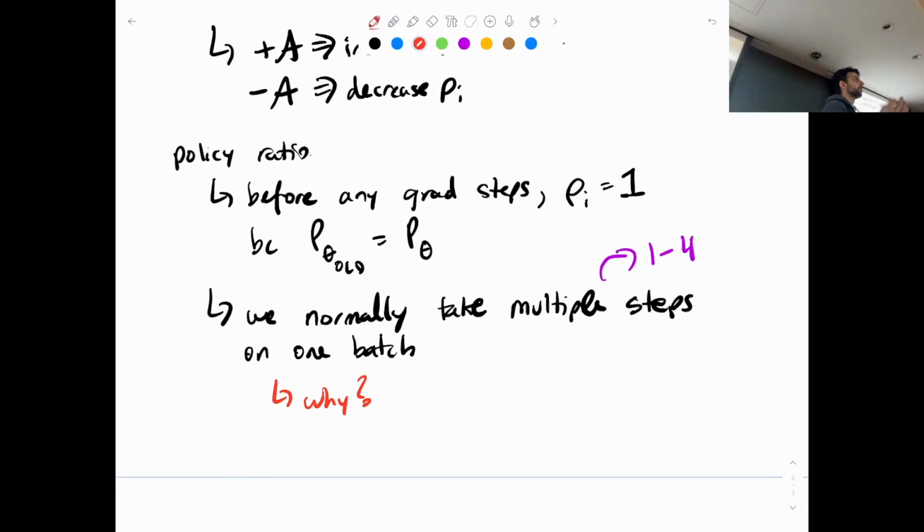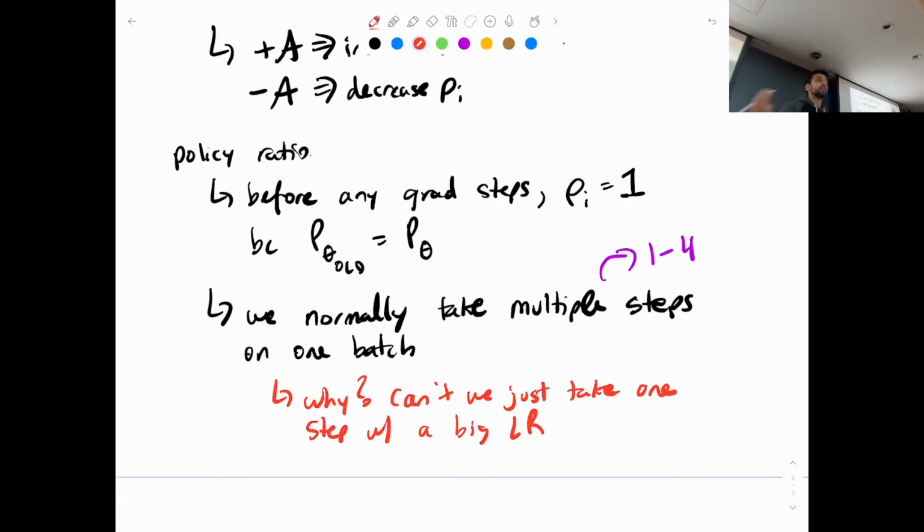So, if we're interested in taking multiple steps, couldn't we just roll all of those into one big step, maybe with a big learning rate? Can't we just take one step with a big learning rate and call it a day and move on to the next batch?